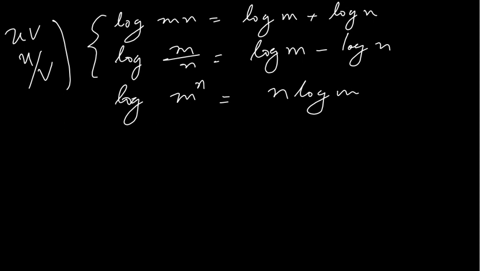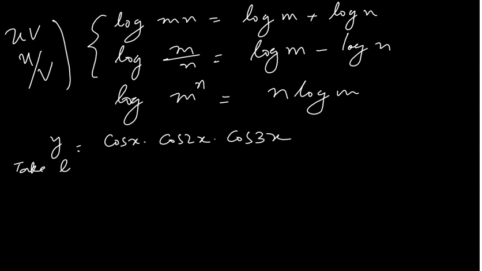Okay, so look at the first question. The first question is y is equal to cos x into cos 2x into cos 3x. So what we do, we take log both sides. Taking log both sides is not differentiation, it's algebra.